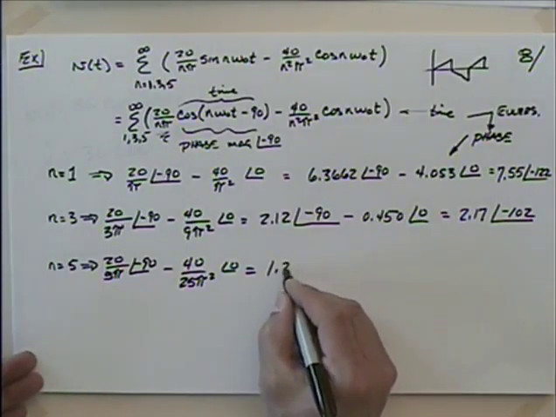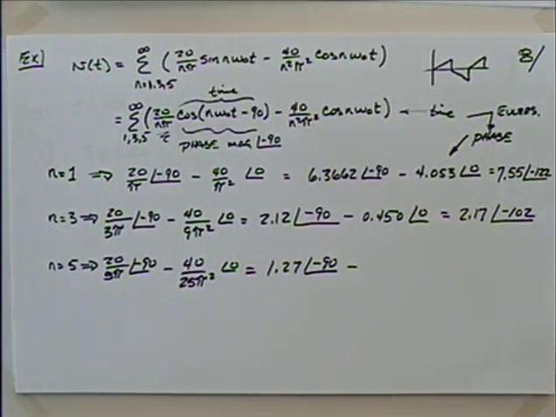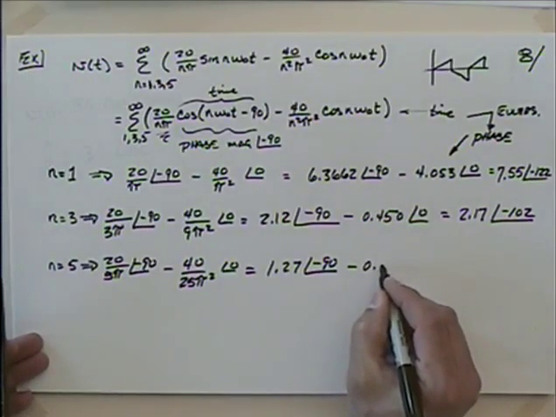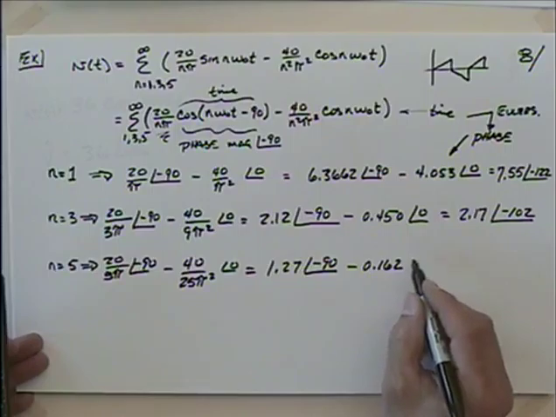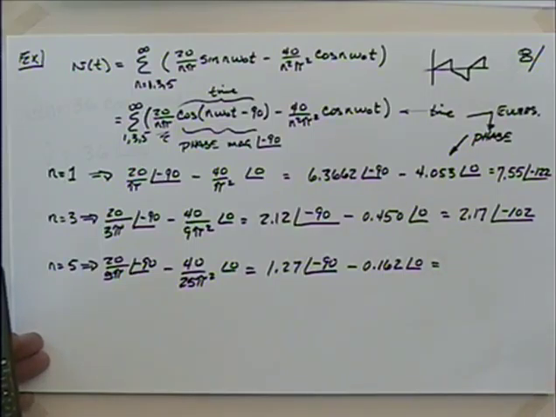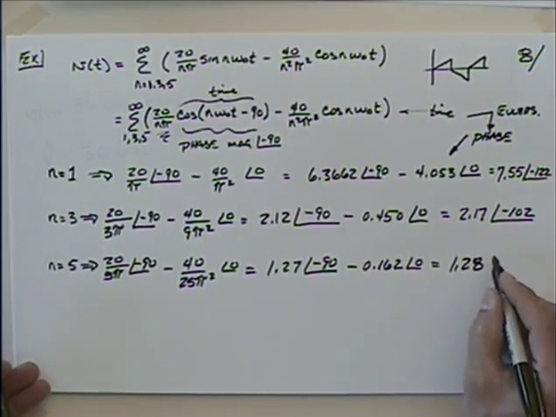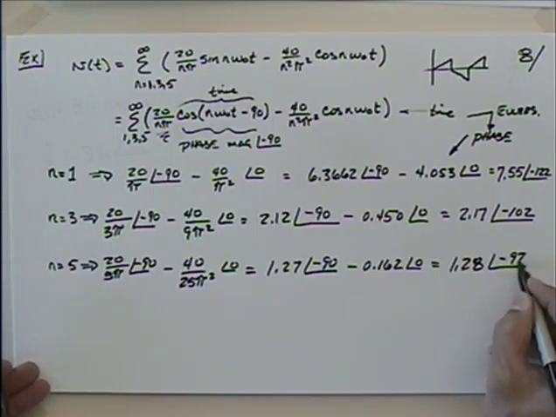So 1.27 at an angle of minus 90 minus 0.162 at an angle of 0, which is really just a real number, right? So what do we have? 1.28 at minus 97.3.